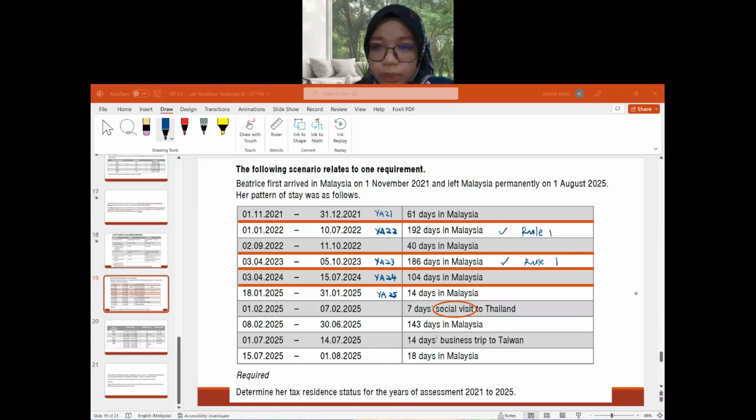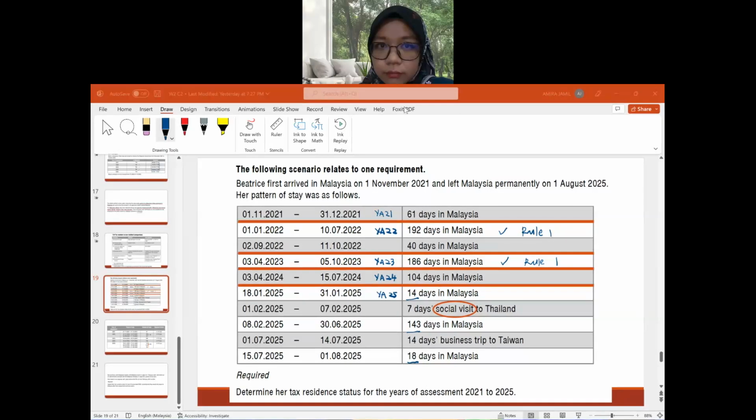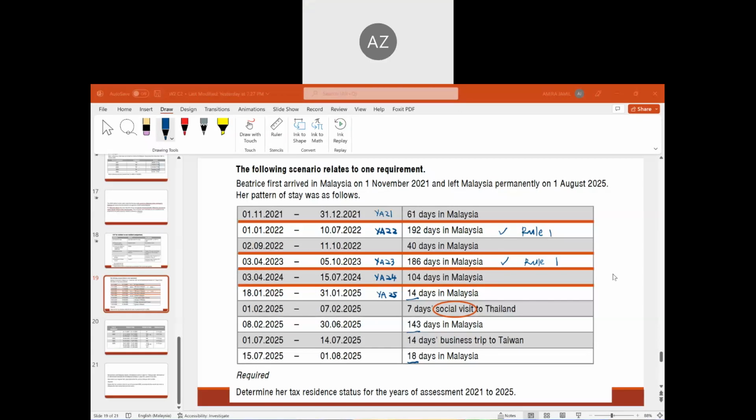YA 25, is it more than 182 days in Malaysia? 14 plus 143 plus 18 is equal to, okay, for YA 25 equals to 182.